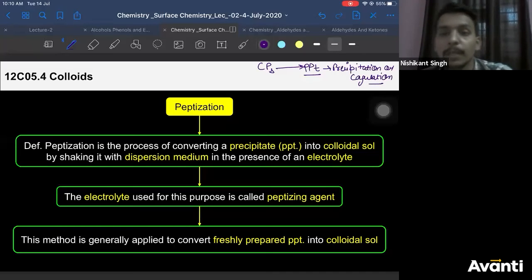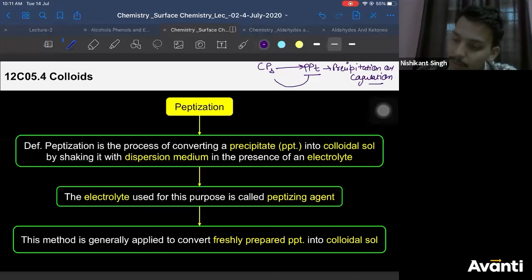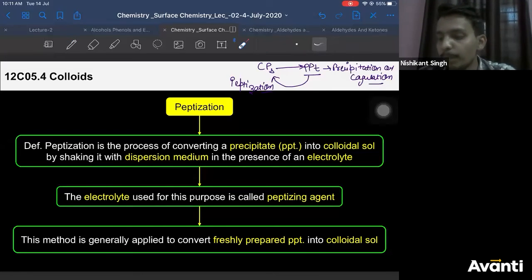But when you convert your precipitate to colloidal particles, the reverse process is known as peptization. So conversion of colloidal particles to precipitate is precipitation, whereas the conversion of precipitate to colloidal particles is peptization. Is that clear, everyone? Peptide is a different thing, Vedant. Peptide is a bond in proteins.